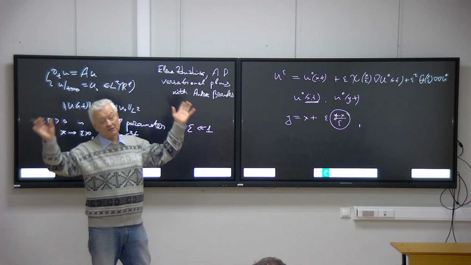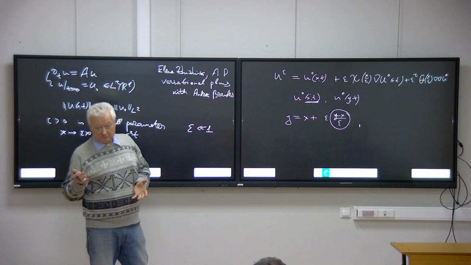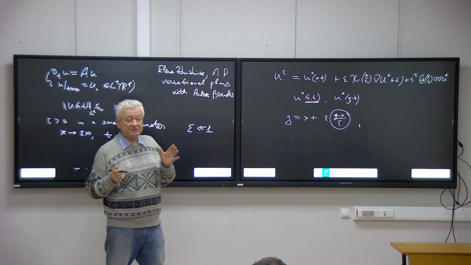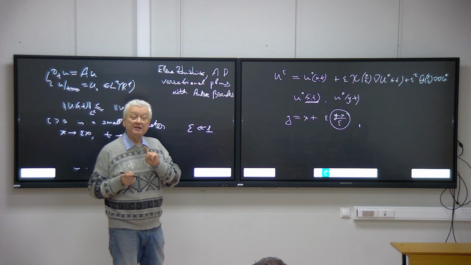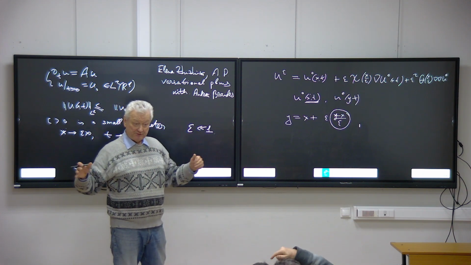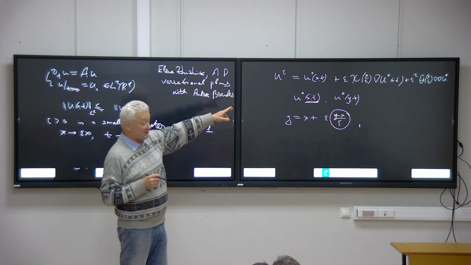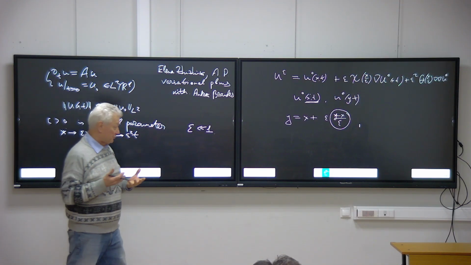I skip it. Of course, it's a lot of computation. Quite straightforward, but still. I write down the equation for chi. Chi is a periodic function, so now we live on the torus. Original operator is given in R^d, but now since chi should be periodic, we have a problem on the torus.